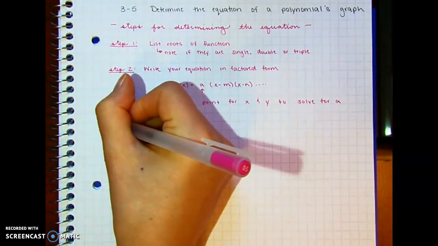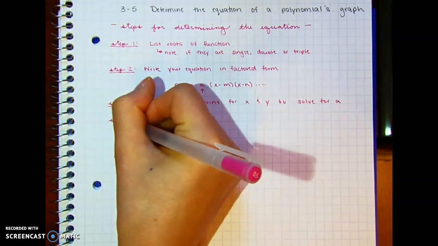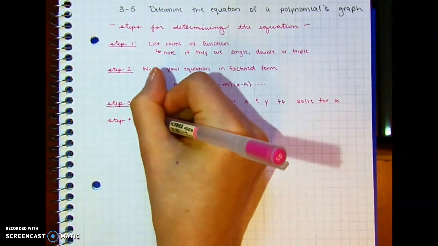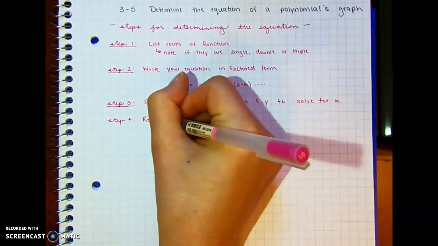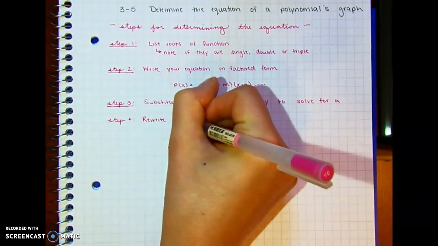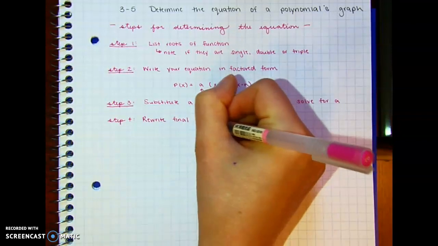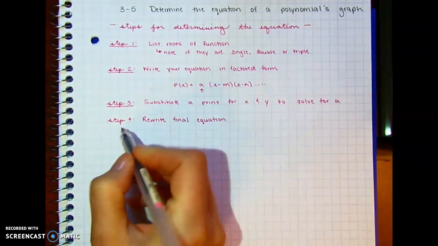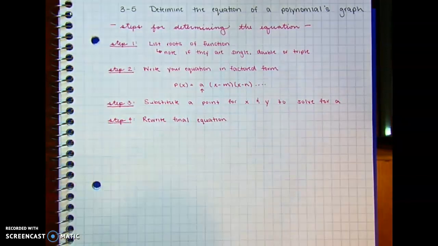And then once we have a, step 4 is to rewrite your final equation. Okay, so if you need more time, you can pause the video. Make sure you get those steps written down, they're important. And then let's do an example.